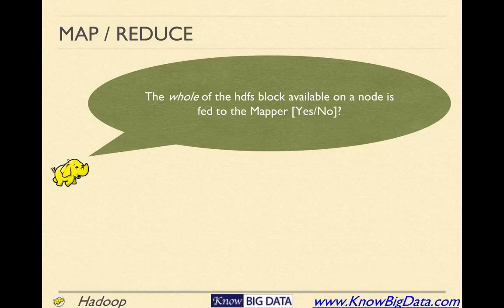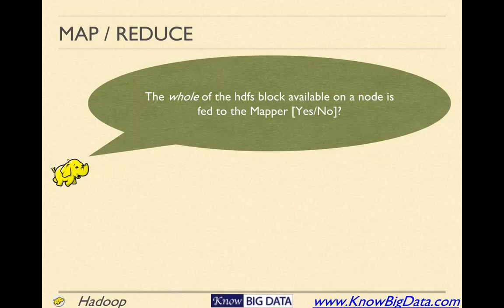The reason is that at different times you will have different requirements. Sometimes you may want to process the data line by line, sometimes paragraph by paragraph, or sometimes exactly 50 records at a time. In all these scenarios, you will have to break the blocks into something called an input record.